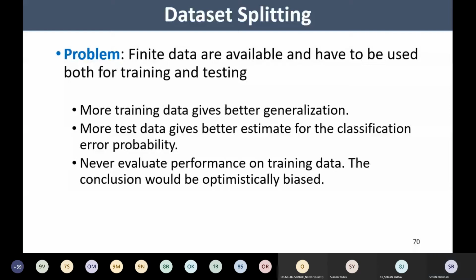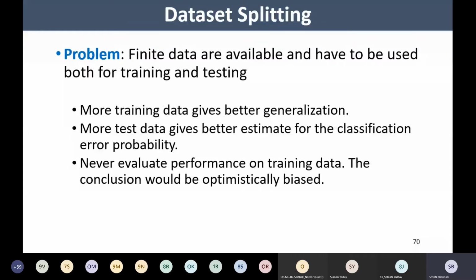And most importantly, we should not evaluate the performance of our model on the same data that is used for training. Always, the training data and the data used for testing should be different. The reason is, if we use the same training data for testing, then obviously the results would be optimistically biased, because the same data is used for learning, right?